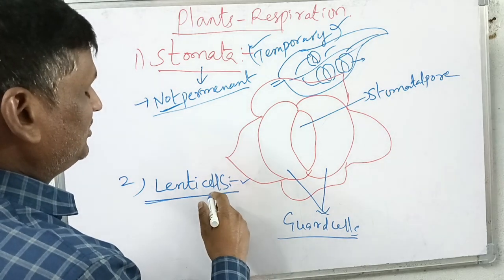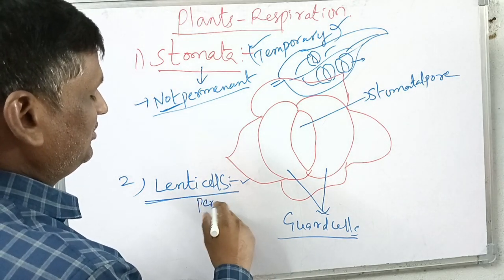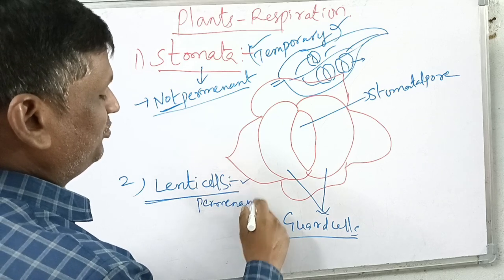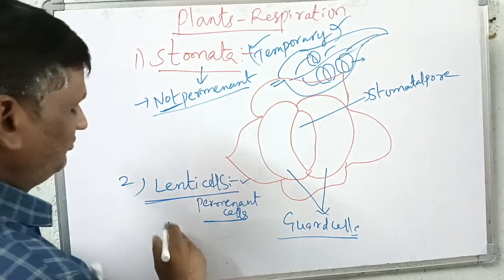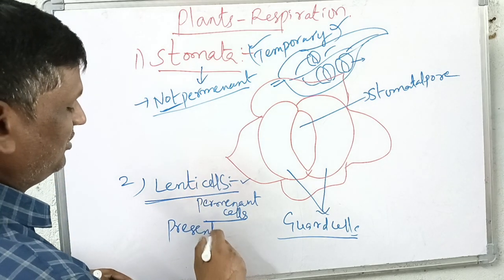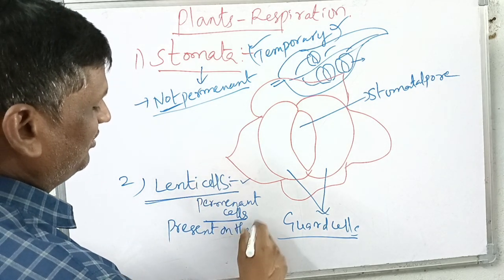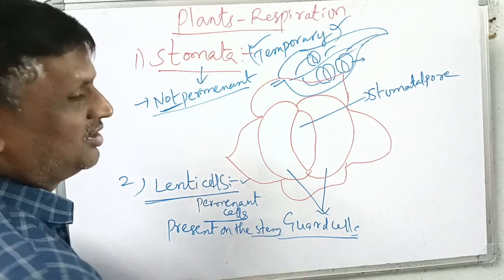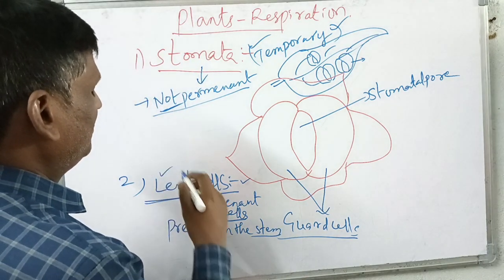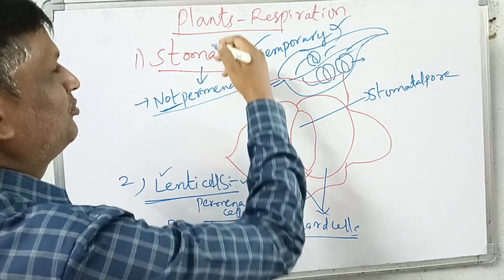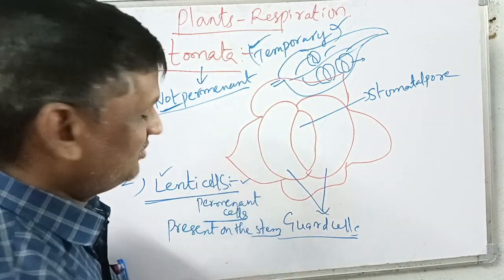So lenticels are permanent cells. The lenticels are considered as permanent cells because these are present on the stem. Lenticels are present on the stem of the plant. The stem is always with the plant, so lenticels are permanent cells, whereas stomatas are temporary cells.